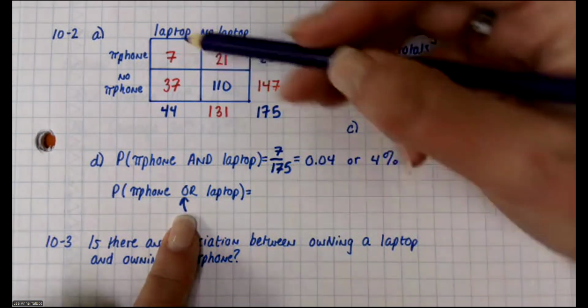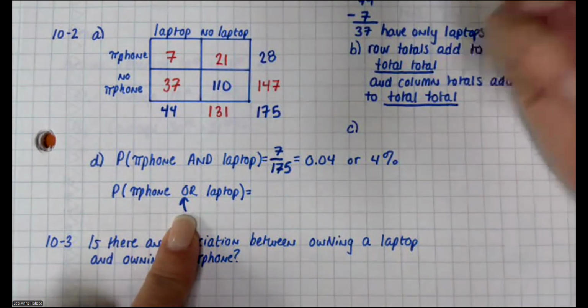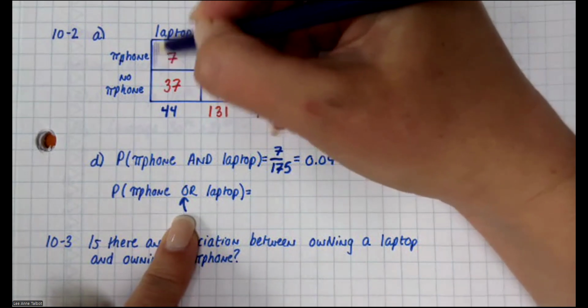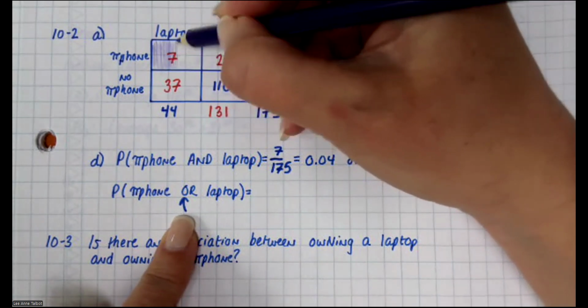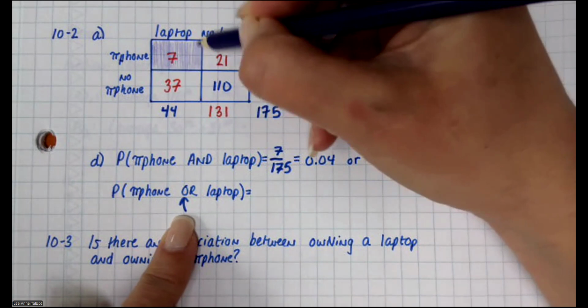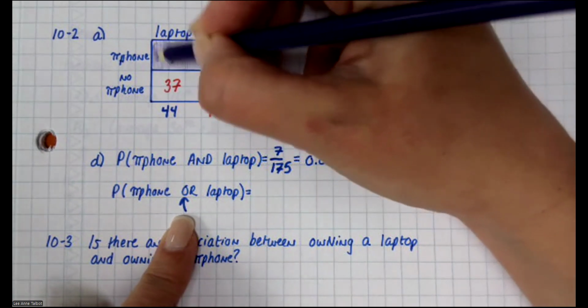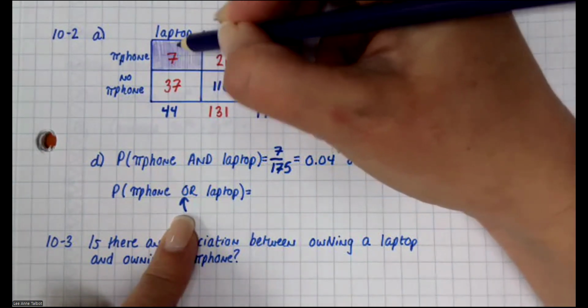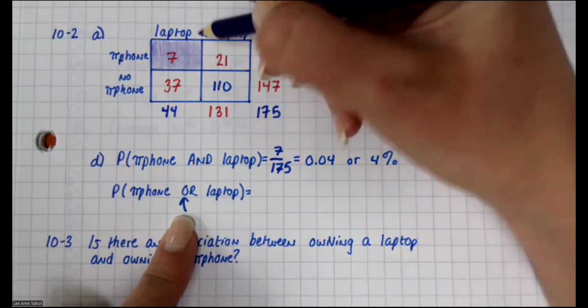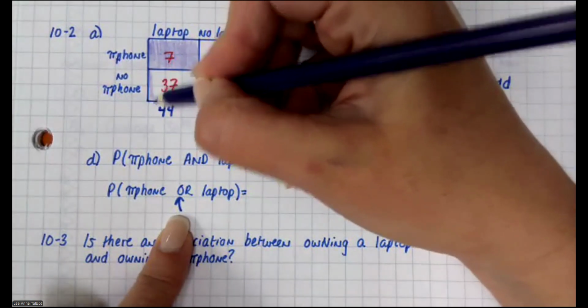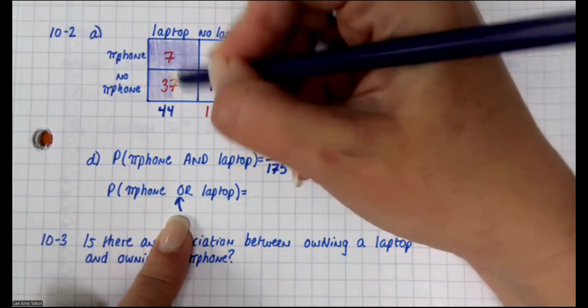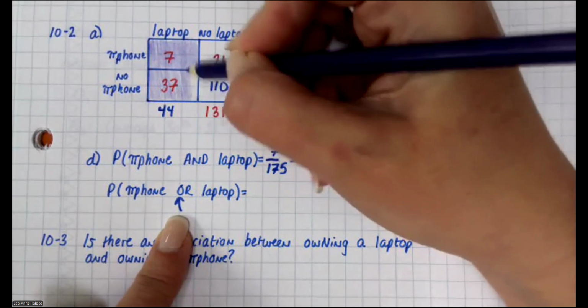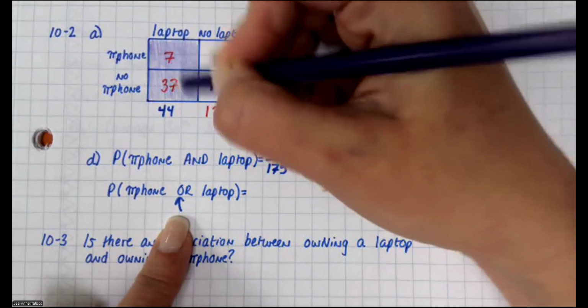This represents 3 squares up here. This is where they have both. This is where they have a laptop but don't have the Pi phone. They got some other kind of phone or something.